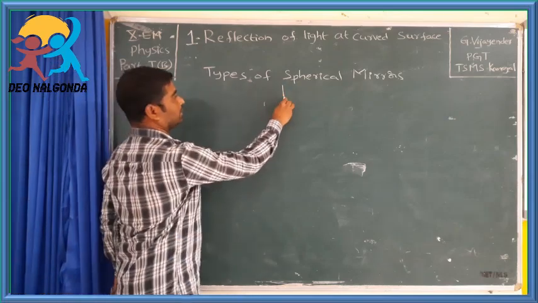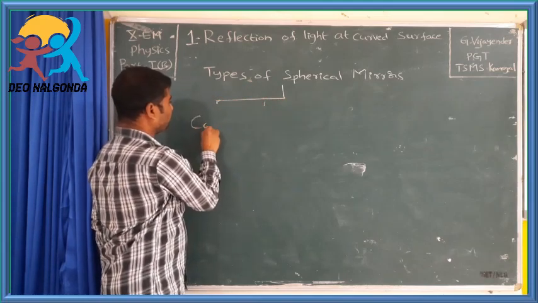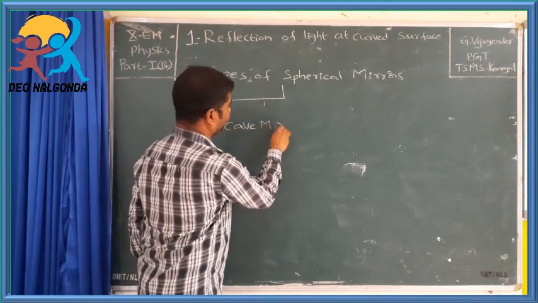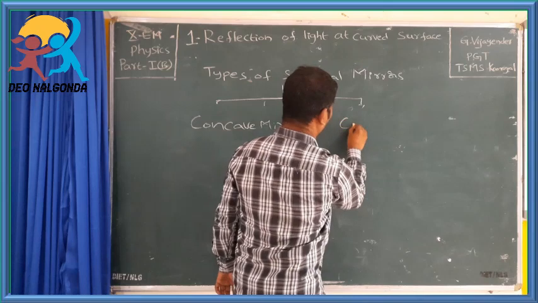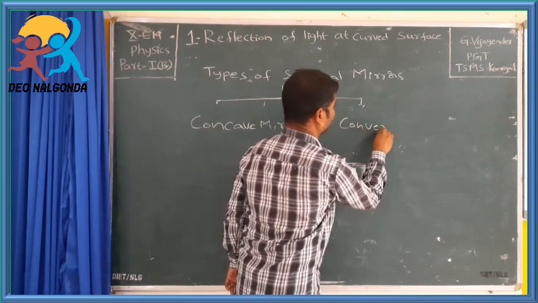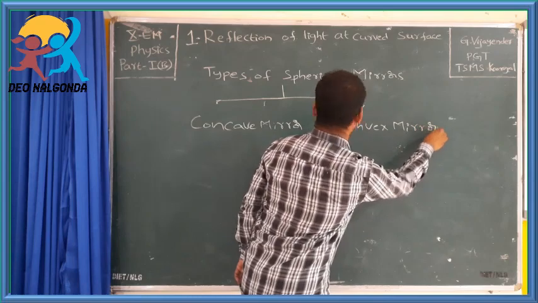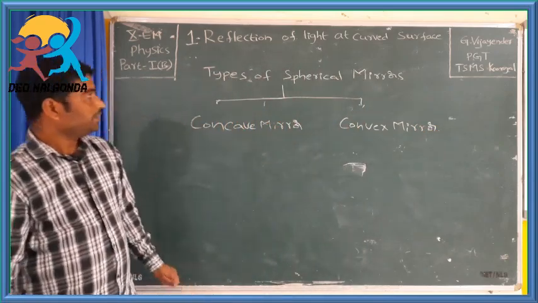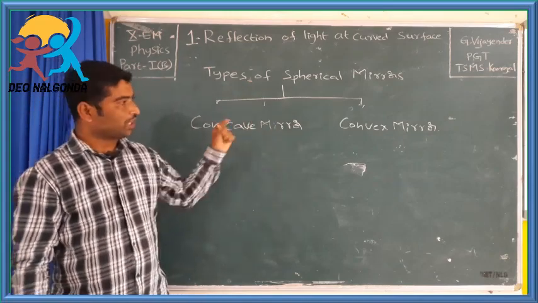One is concave mirror, the second one is convex mirror. Spherical mirrors may be concave or convex.